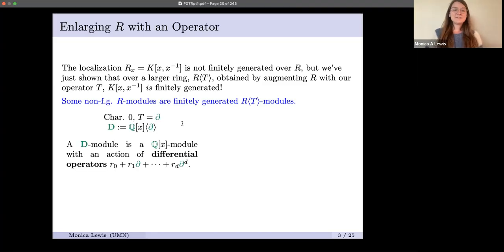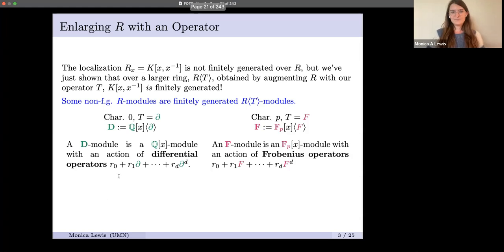In characteristic 0, we're going to use a boldface D to denote the augmentation of Q of X. And for the record, absolutely nothing I'm going to say in this talk is harmed by a faithfully flat base change. So if you want to pretend that Q is any field of characteristic 0, that's fine with me. Here we augment with partial differentiation, and D modules for us just mean Q of X modules with an action of differential operators.